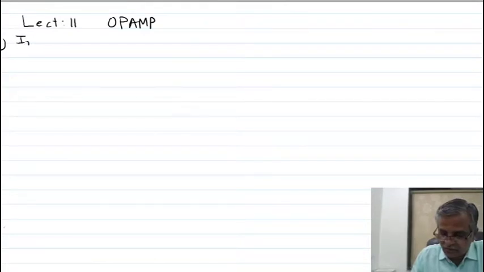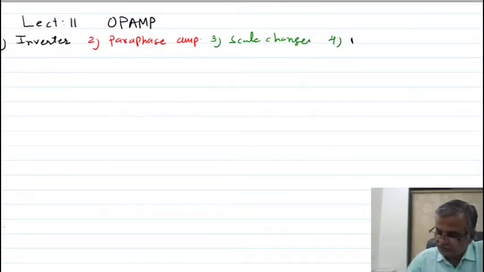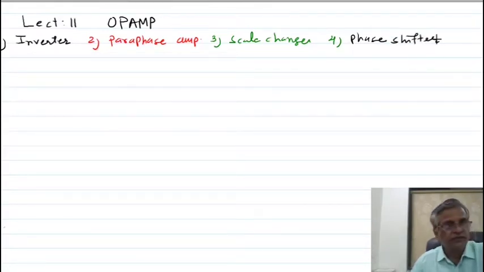These circuits are: first, inverter; second, paraphase amplifier; third, scale changer; fourth, phase shifter. So let us see all the circuits one by one.